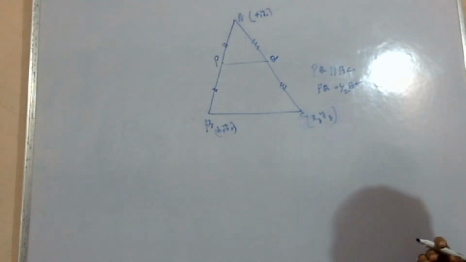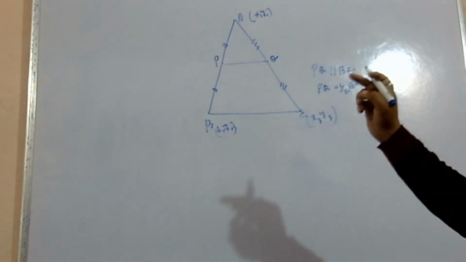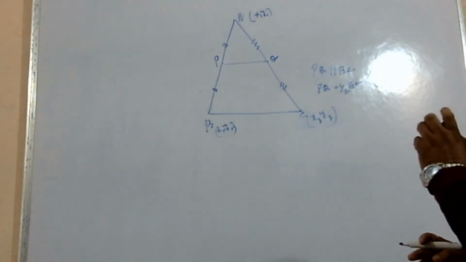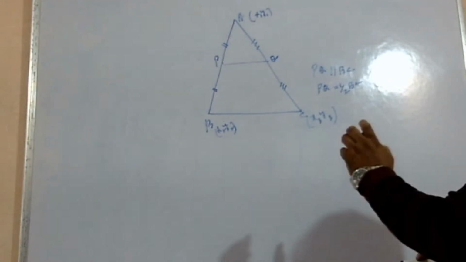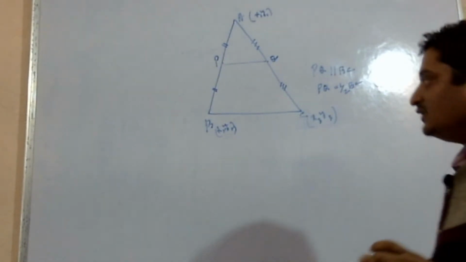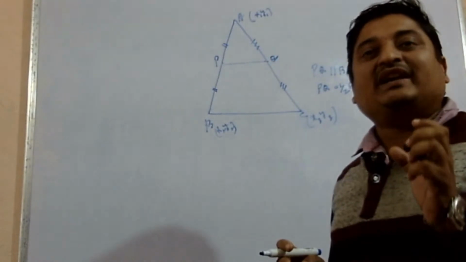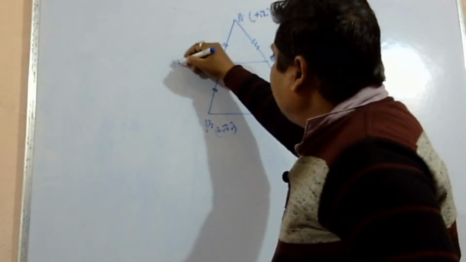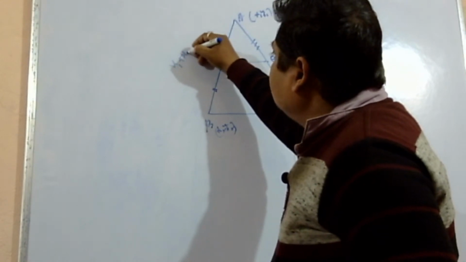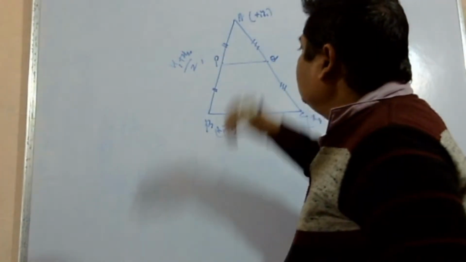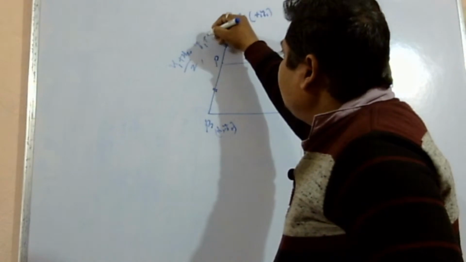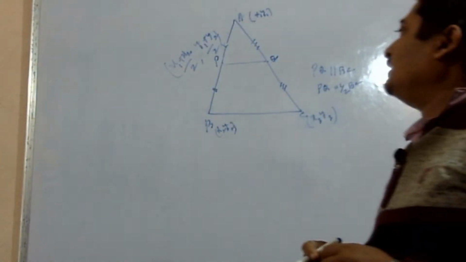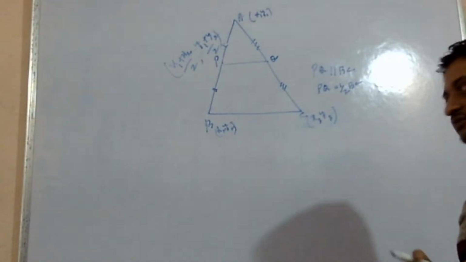Clear? Then, since P is the midpoint of AB, we find the coordinate of the point P using the midpoint theorem. That is, P is (x1 plus x2 by 2, y1 plus y2 by 2). This is the coordinate of P. Clear?